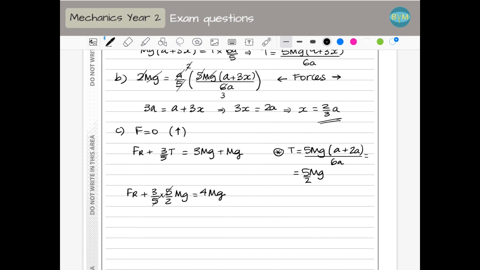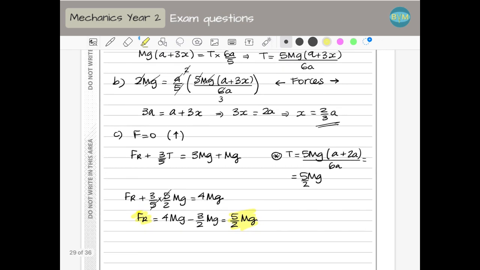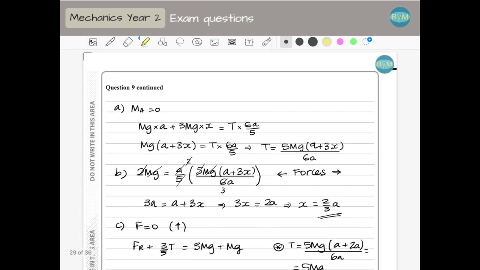These are cancelled, and I have friction is going to be 4 mg minus 3/2 of mg, which means 5 mg divided by 2, 5/2 of mg. This is the friction, so I have my friction here, and the horizontal force was this one, was 2 mg.